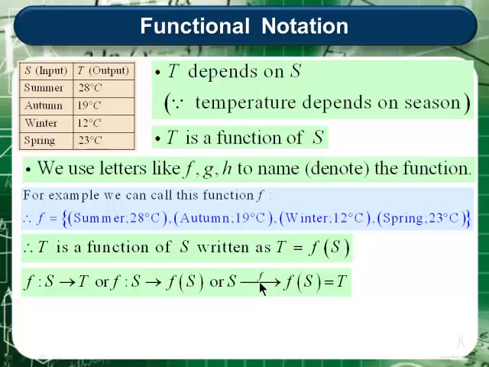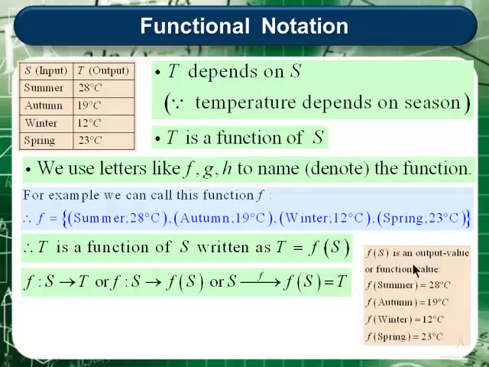This notation is also used, where the function is written above this particular arrow, and note that F(S) is an output of the input S under the function F, and this of course we know from this particular example is the temperature.